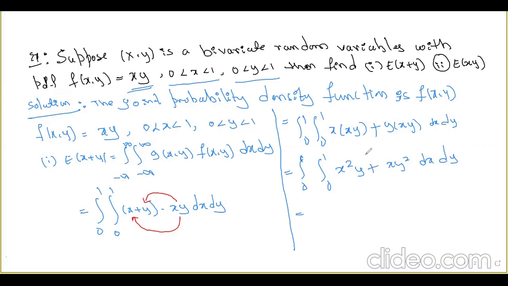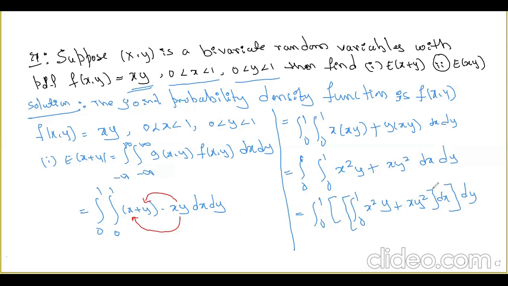Whenever we have double integrations, or triple or any number of integrations, we first integrate variable-wise. So from 0 to 1, first I will integrate with respect to dx, then with respect to dy. So 0 to 1 of x square y plus x into y square; this is the integration with respect to dx and dy, and from here to here this is our function.